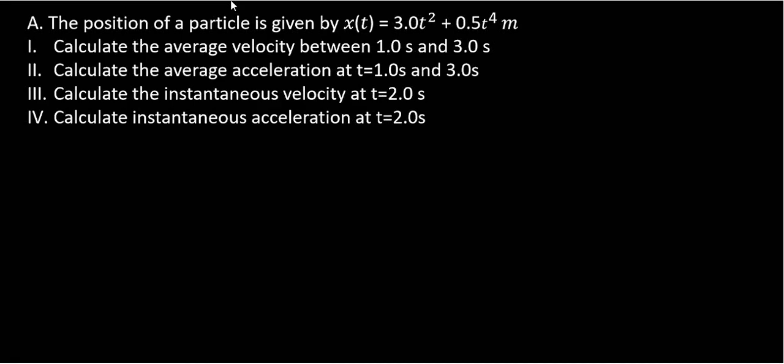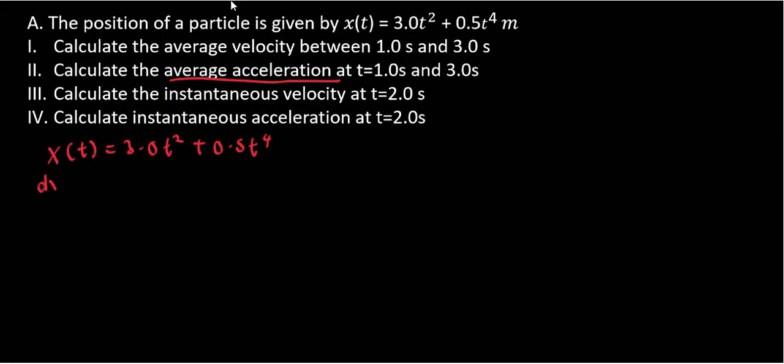So in a situation whereby I've been asked to calculate the average acceleration, what exactly have we been given? We have been given the displacement equation. So since we've been given the displacement equation, we have to differentiate this to be a velocity.